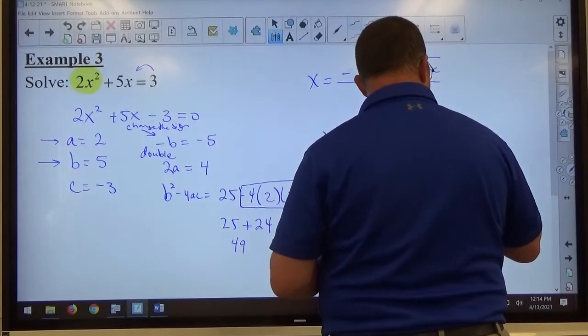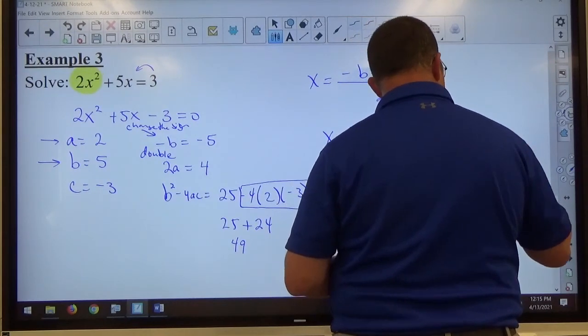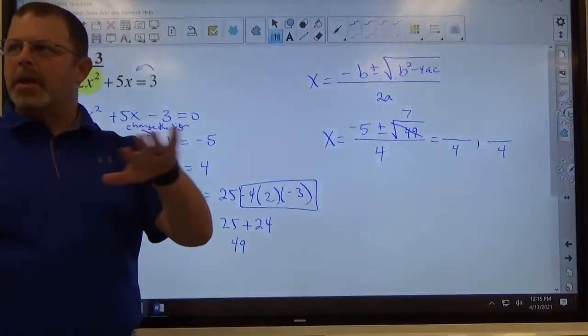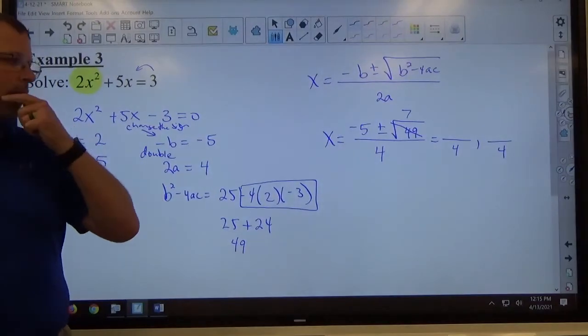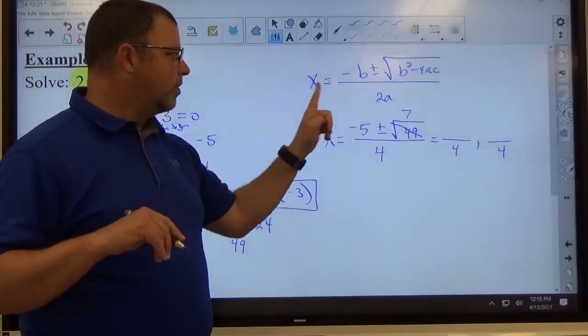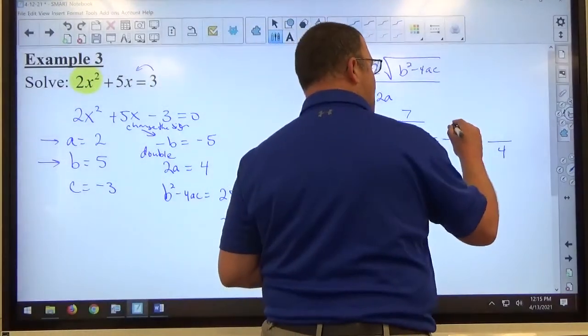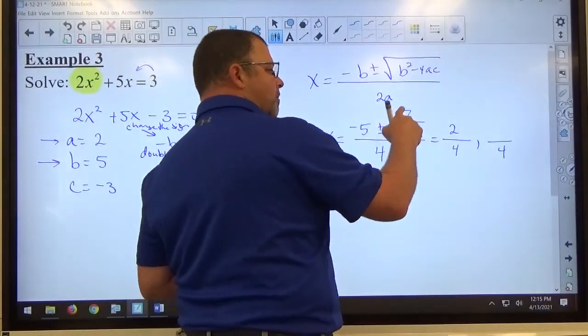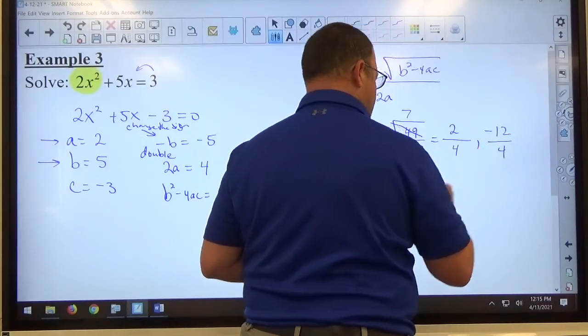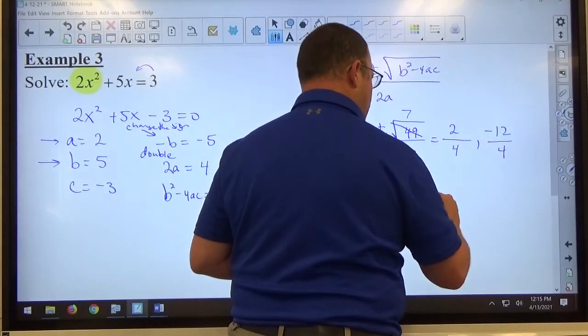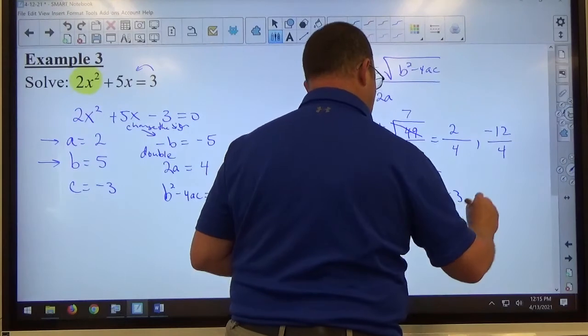So we're going to get something over 4, something over 4. The denominator is already set. The top is we add and subtract the 2 numbers. Negative 5 plus 7 is equal to positive 2. Negative 5 minus 7 is equal to negative 12. If those reduce, we should. So 1/2 and negative 3 are the correct answers to that problem.